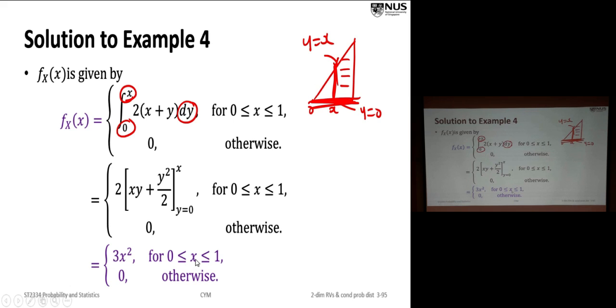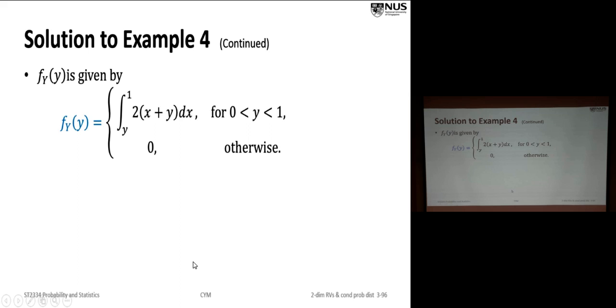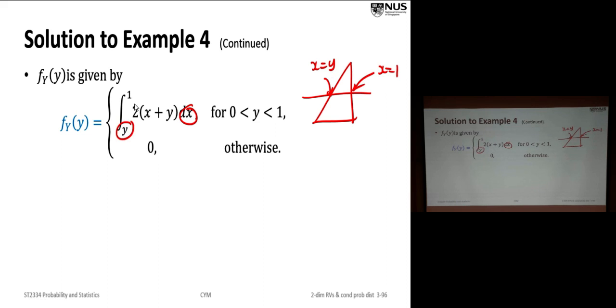Similarly, for the marginal of Y, I want to integrate x, so I have to fix a y value. The x value here is x equal to y, and at this point, x equal to 1. So the integration limit is from y to 1. You integrate all the density over this segment of the line.